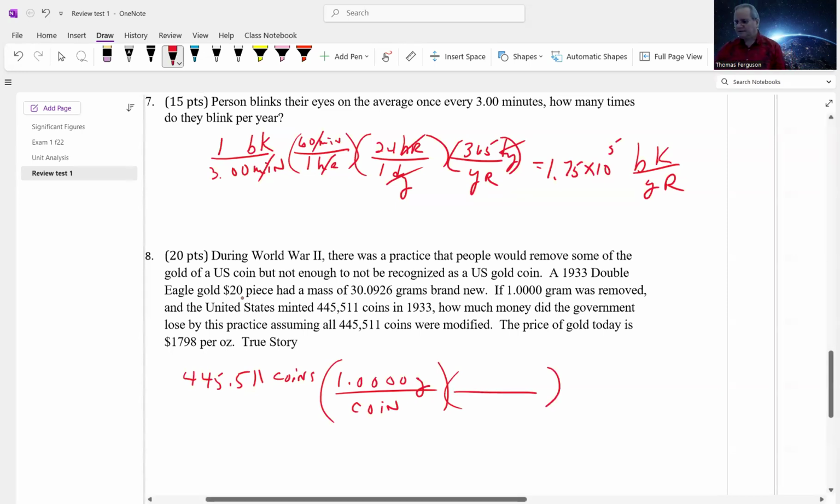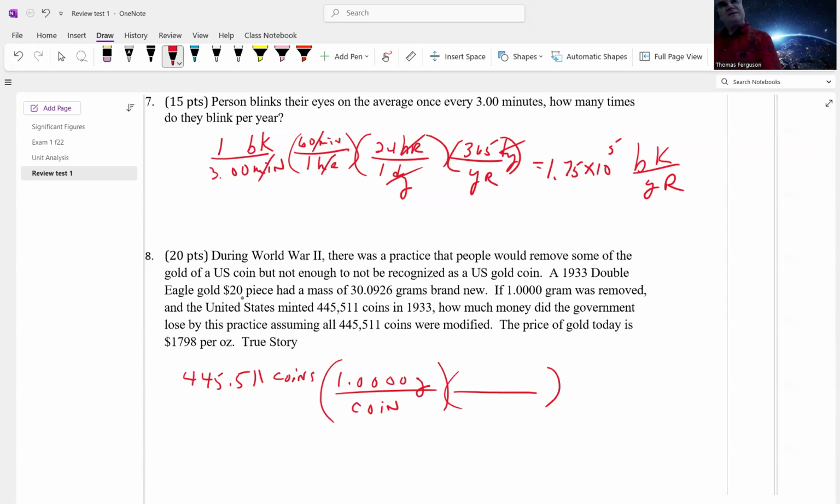Okay, so this will tell us how many grams of gold. Now we need to figure out how many ounces of gold, and we can use the $17.98 dollars per ounce. So you need to go from grams to ounces.